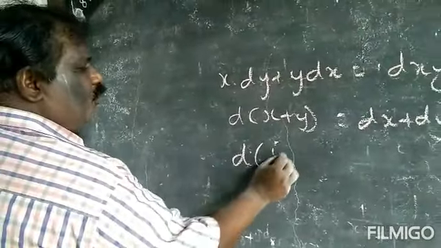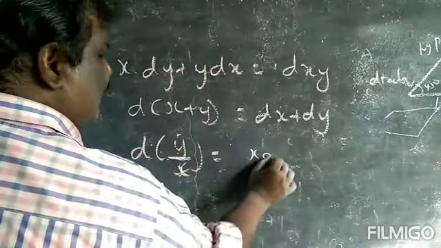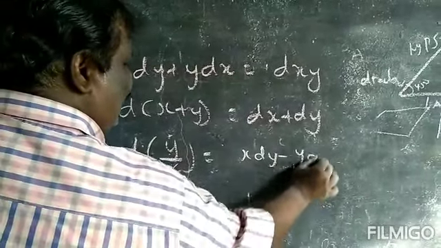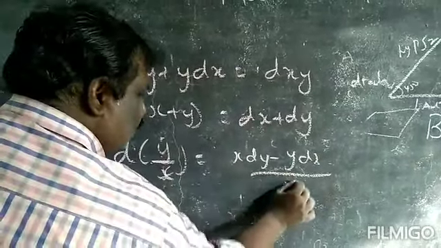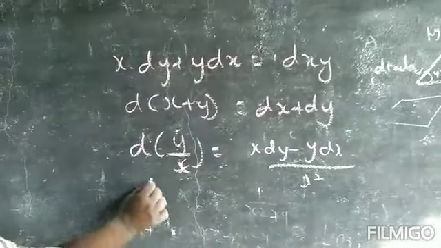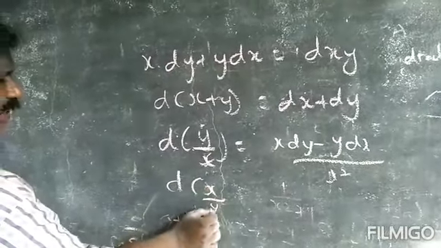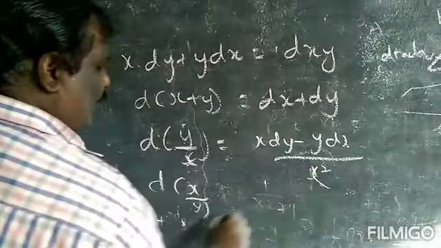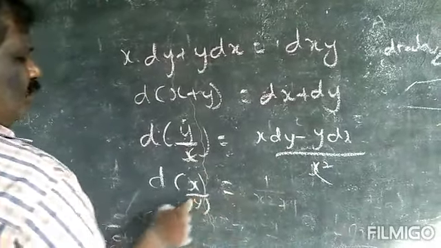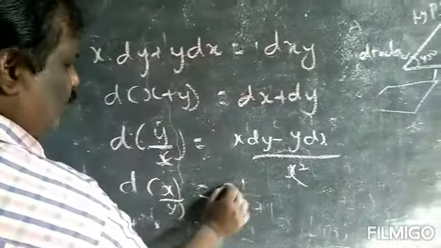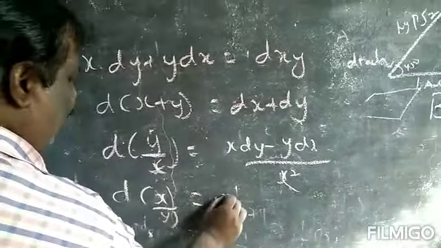(x dy minus y dx) divided by x square. Likewise, d(x by y) is equal to (y dx minus x dy) divided by y square.